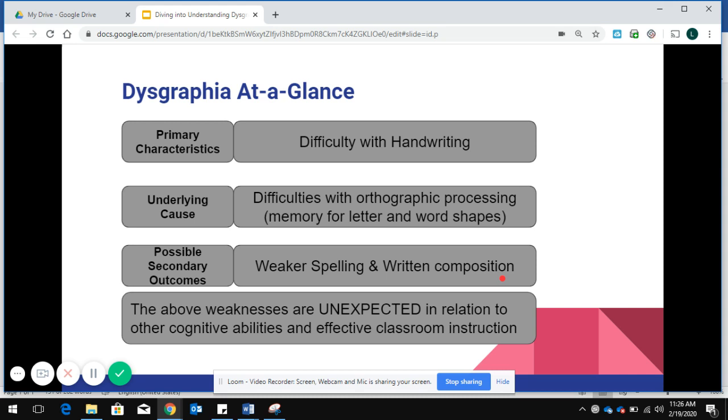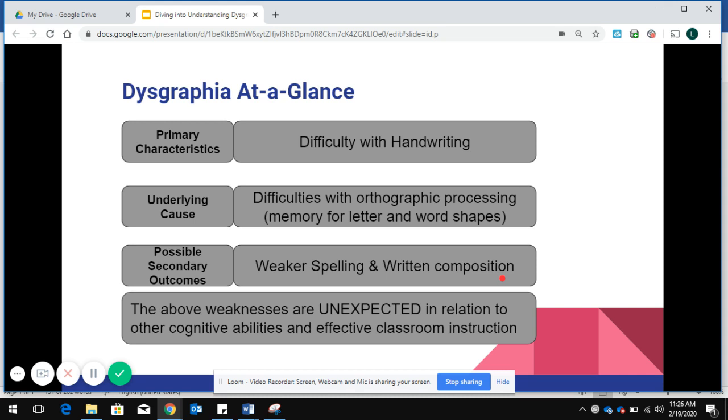Written composition, or written expression, has to do more with putting ideas down on paper, with the organization, when they're writing an essay, when they have to develop their ideas. So not all students with dysgraphia are going to struggle with the written expression part or the spelling. Those are secondary consequences.